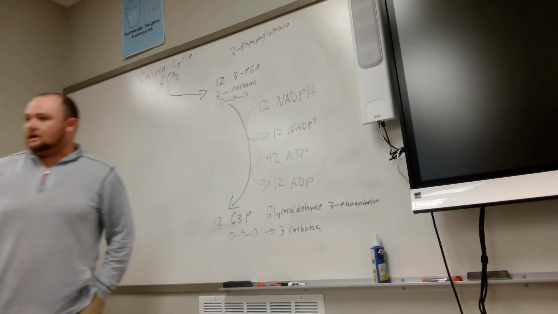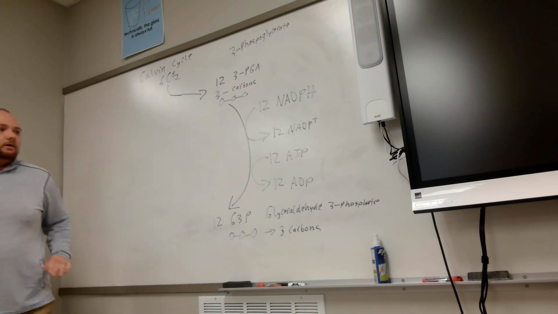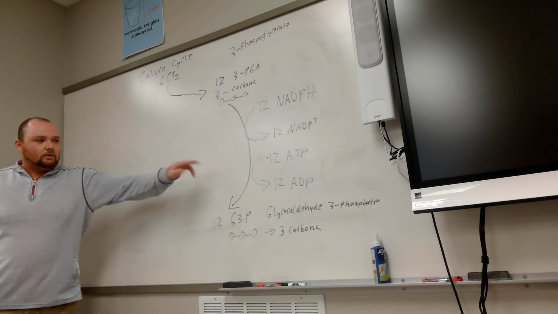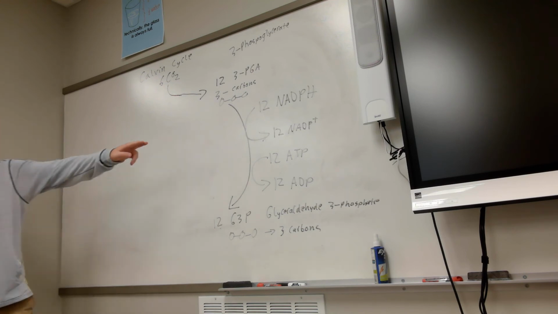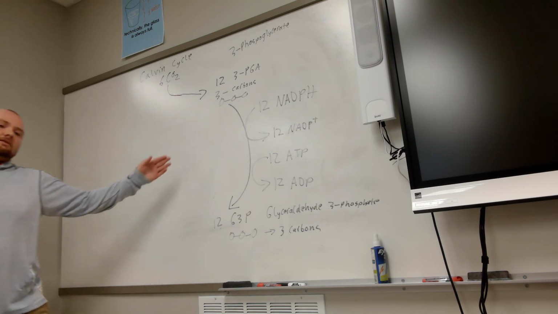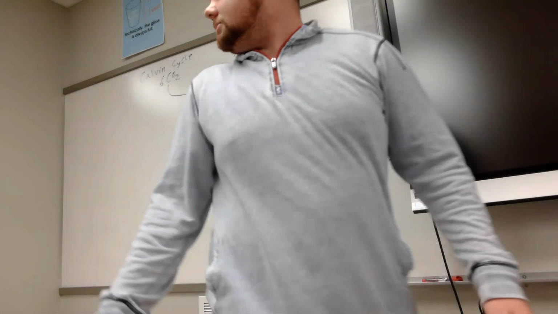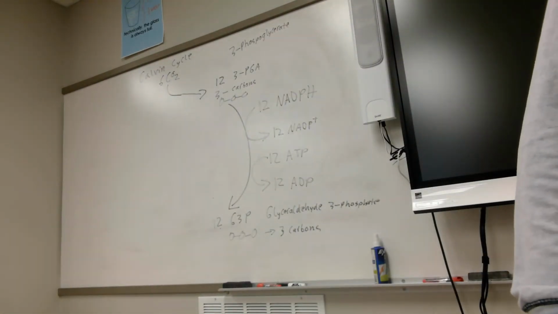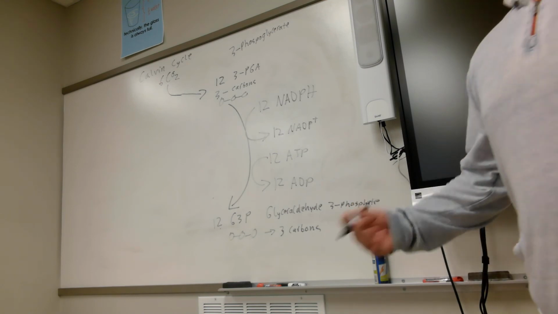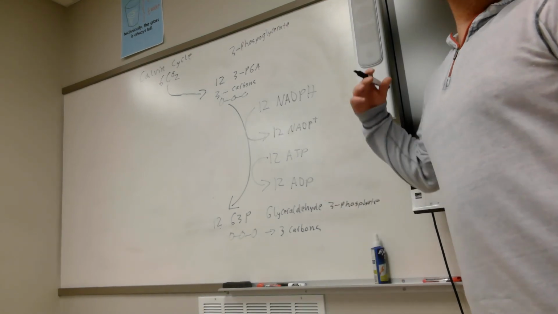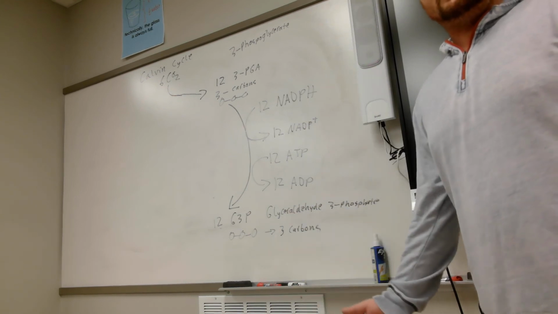Okay, breaking off that last phosphate. All you're going to have there is 12 ADP and 12 NADP plus. Okay, so it takes a lot of energy to actually end up making those G3P. And those G3P are important because those are what we actually use to make glucose.